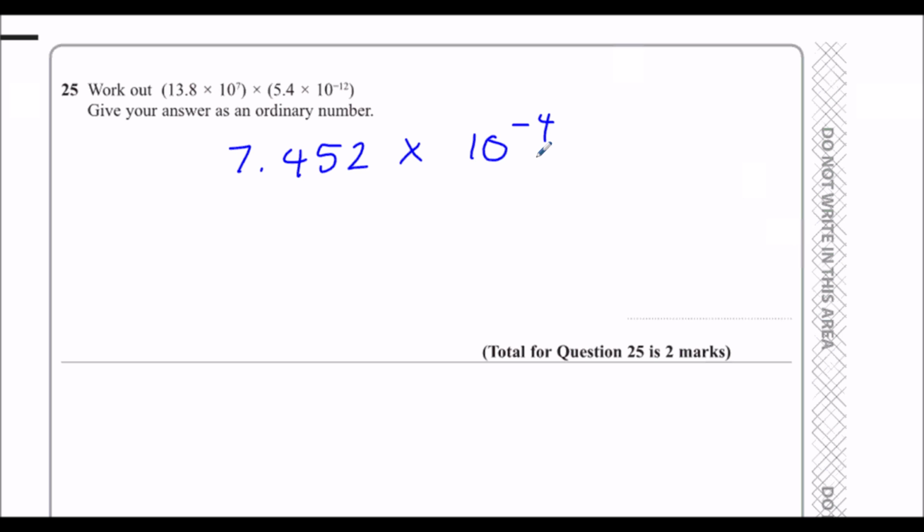So that's the answer, but it's in standard form, and the question says give your answer as an ordinary number. So I need to change this to an ordinary number.